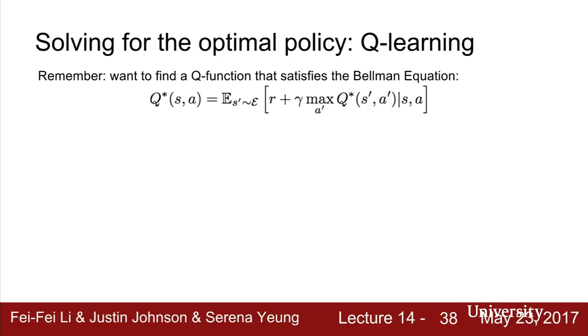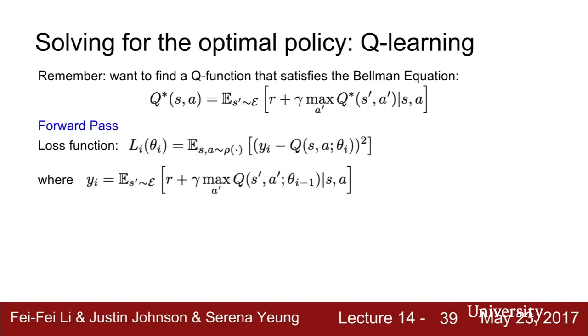Given this function approximation, how do we solve for our optimal policy? Remember that we want to find a Q function satisfying the Bellman equation, so we want to enforce it. With a neural network approximating our Q function, we can train it with a loss function that minimizes the error of our Bellman equation, or how far Q(s,a) is from its target y_i, the right-hand side of the Bellman equation we saw earlier.